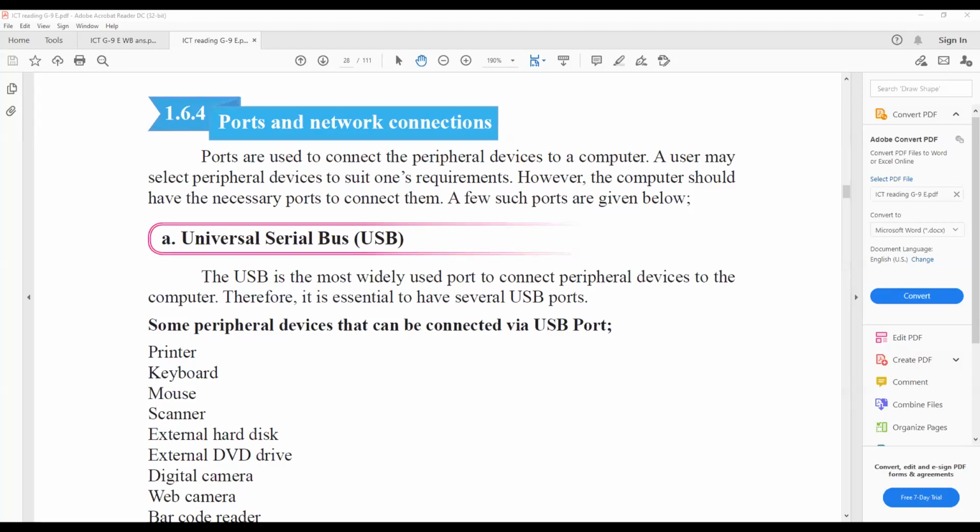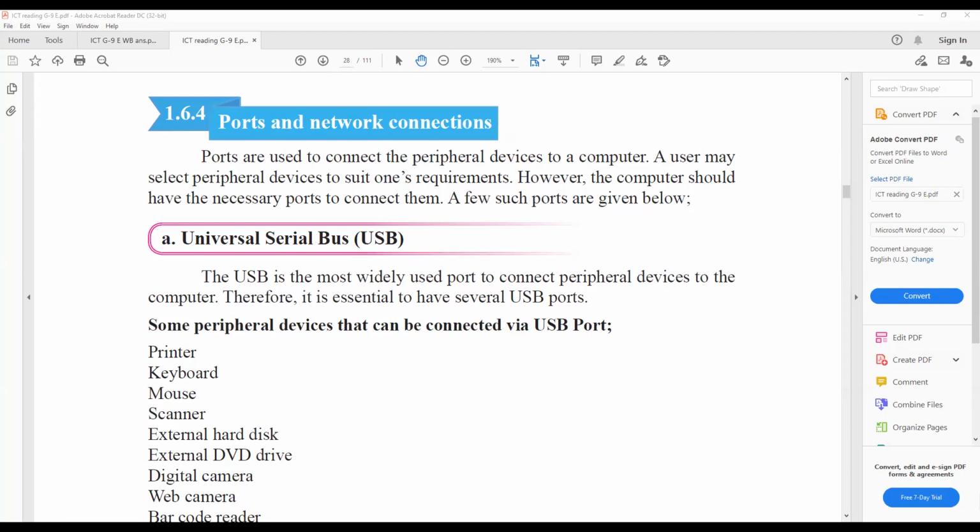now to discuss what ports are available, right? So you know that the computer can connect to many devices, right? Many devices. What are the devices that you can connect?